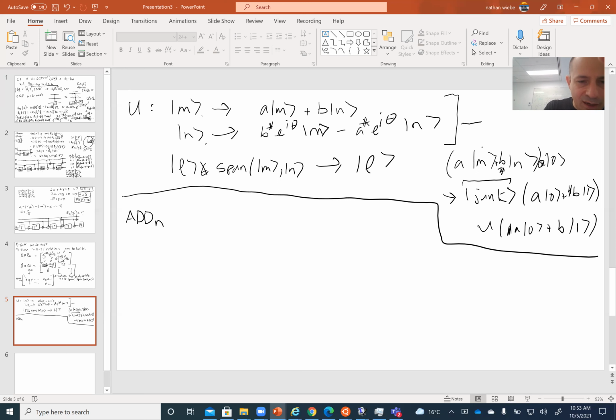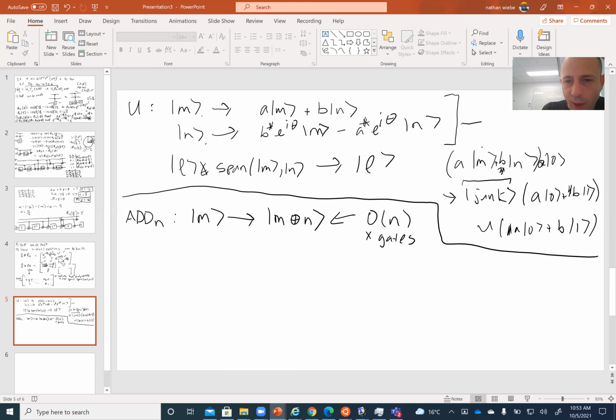What add n will do is take a register M and map that to M exclusive or N. The cost of doing this is going to be order N X gates.